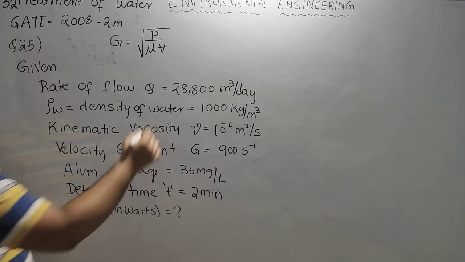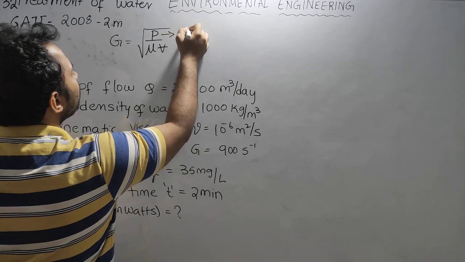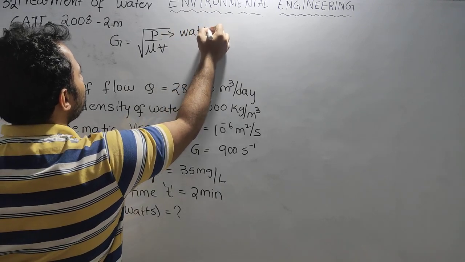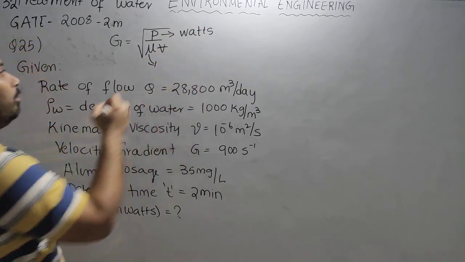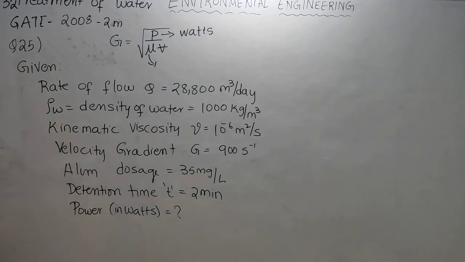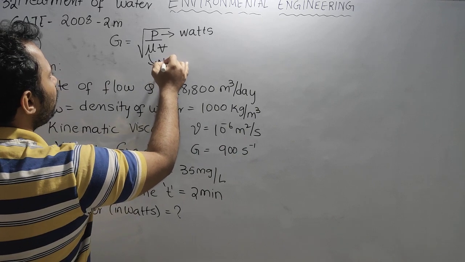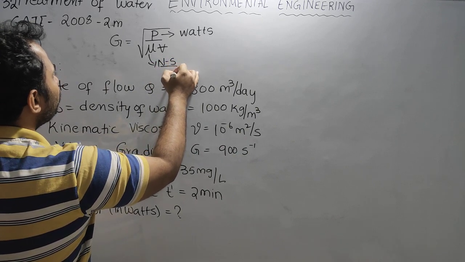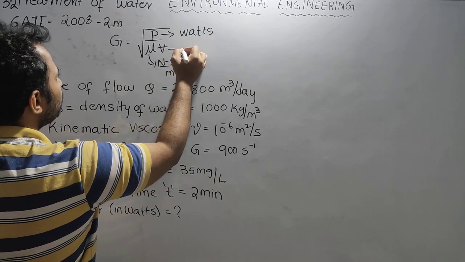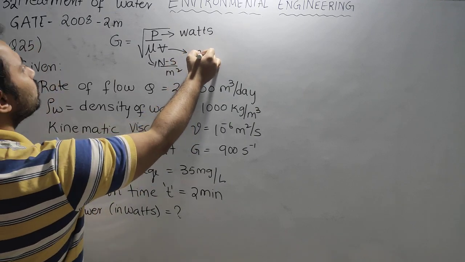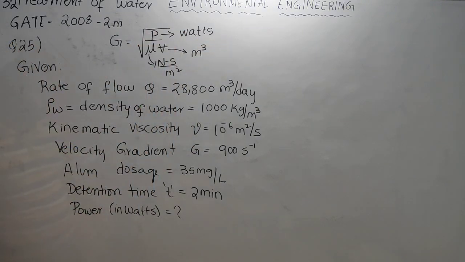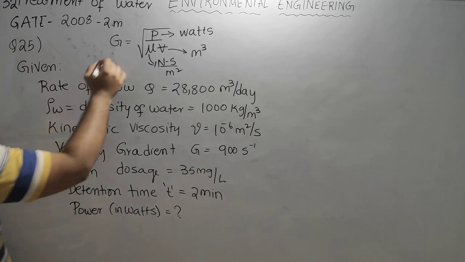P should be substituted in watts, mu should be substituted in Newton second per meter square, and V in meter cube. Then we will get G in second inverse.